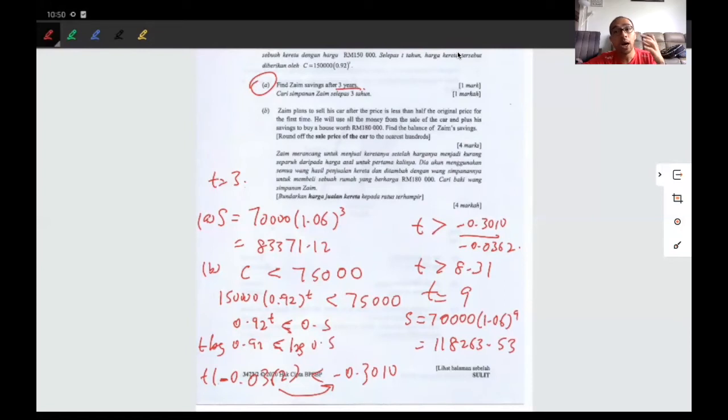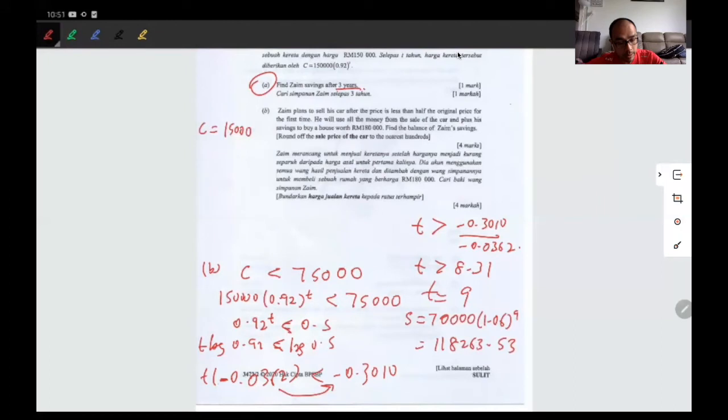But we need to know how much Zaim sells his car for. I got no more space in my paper, sorry, so I'm going to cut this off. At the 9th year, the car price is 150,000 times 0.92 to the power of 9, because at the 9th year we need to know exactly how much he sells the car for.